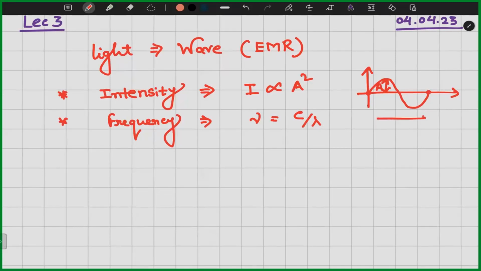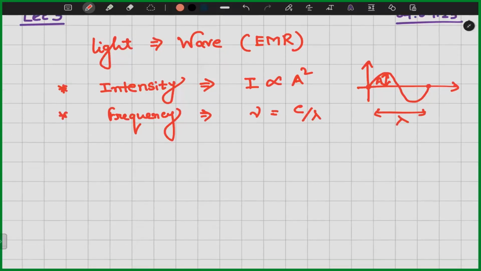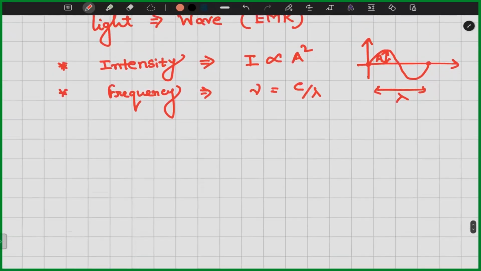This is called a full oscillation, and the number of full oscillations per unit time is called frequency.